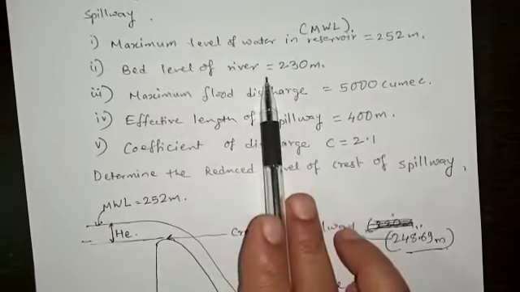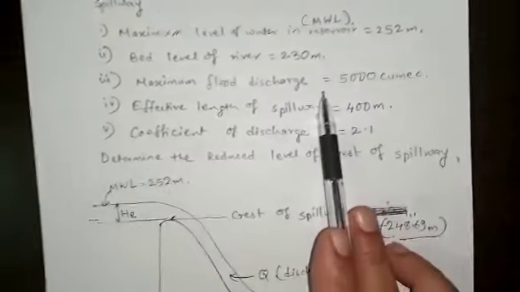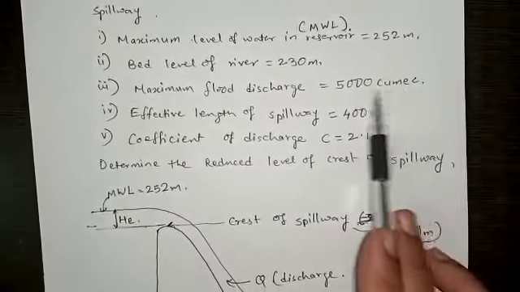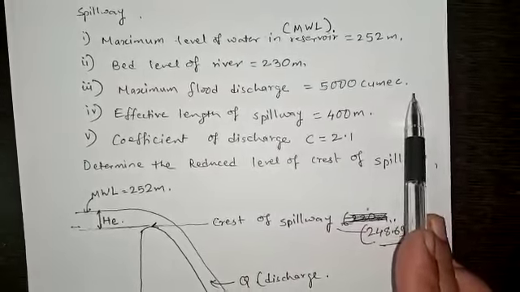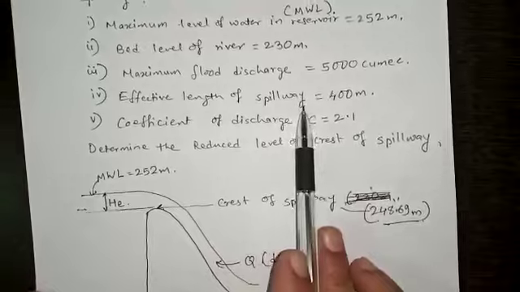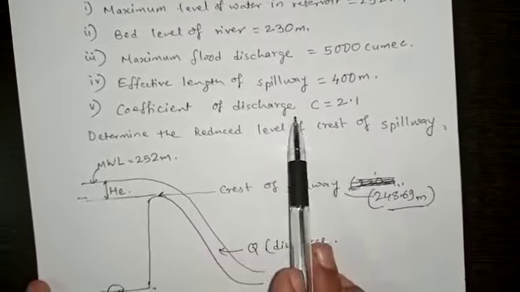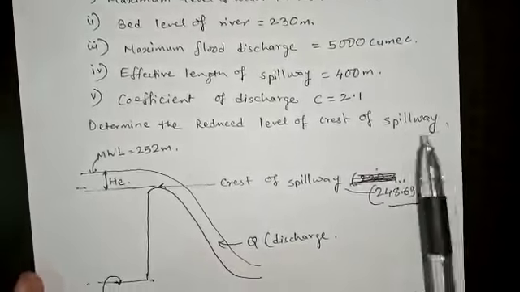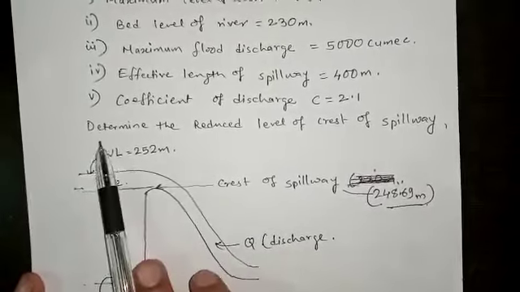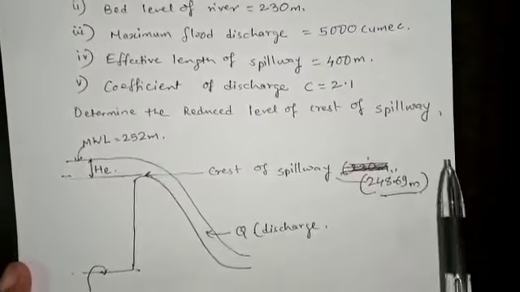The bed level of the river is 230 meters. The maximum flood discharge is 5000 meter cube per second. The effective length of the spillway is 400 meters. The coefficient of discharge C is 2.1. Now you have to determine the reduced level of crest of spillway.